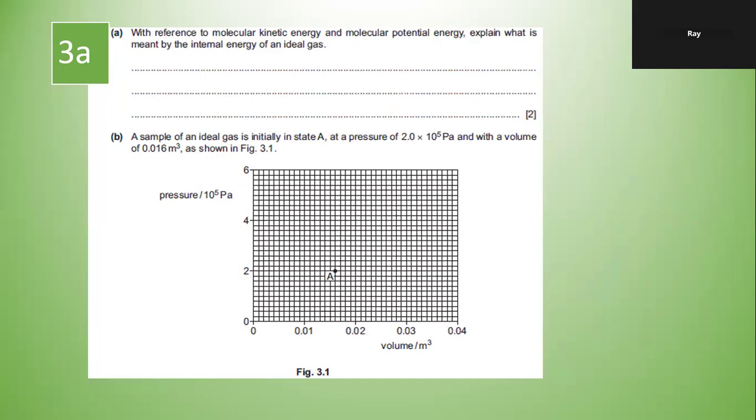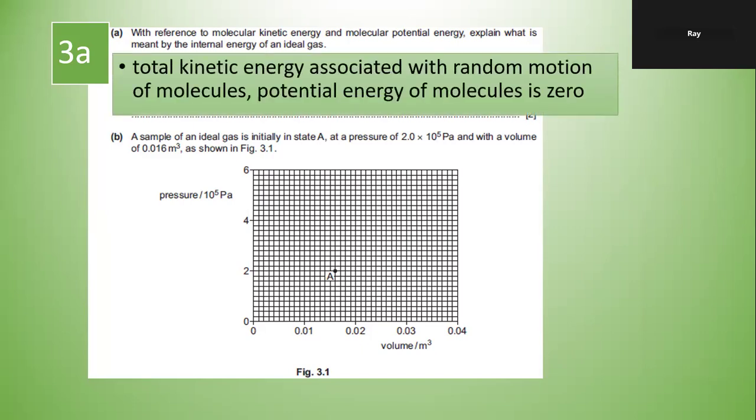The total kinetic energy of the gas molecules is equal to the internal energy of an ideal gas. Two marks, because remember, the two points: the potential energy of an ideal gas is 0. Okay, good. Total kinetic energy associated with random motion of molecules, and the potential energy of molecules is 0.